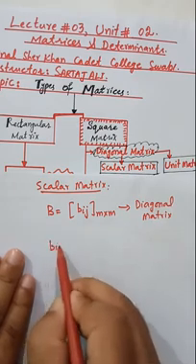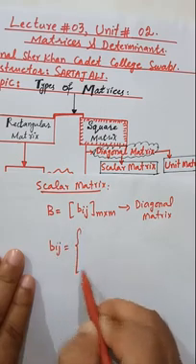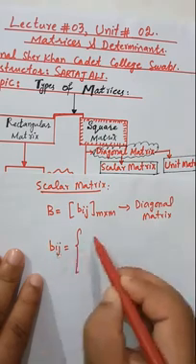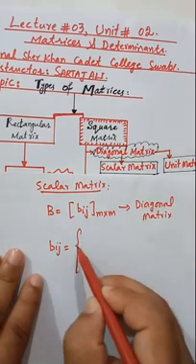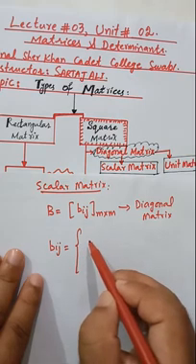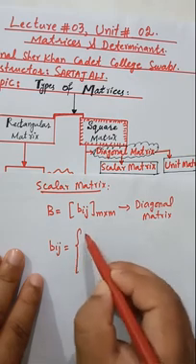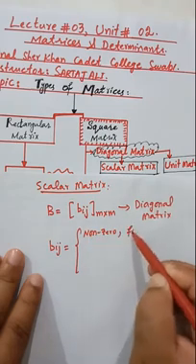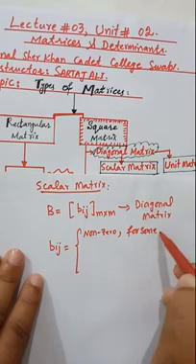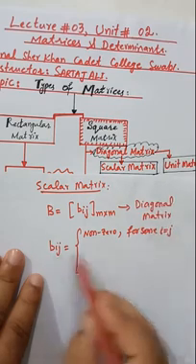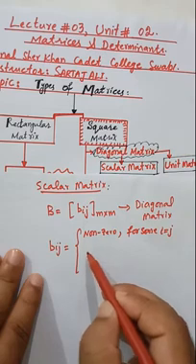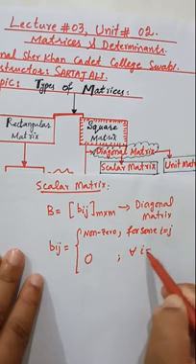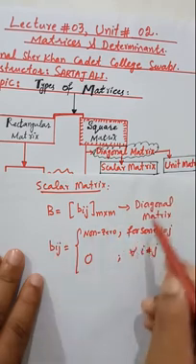This is the definition of the diagonal matrix: b_ij is equal to non-zero for some i equal to j, and 0 for all i not equal to j. So this is the definition of the diagonal matrix.